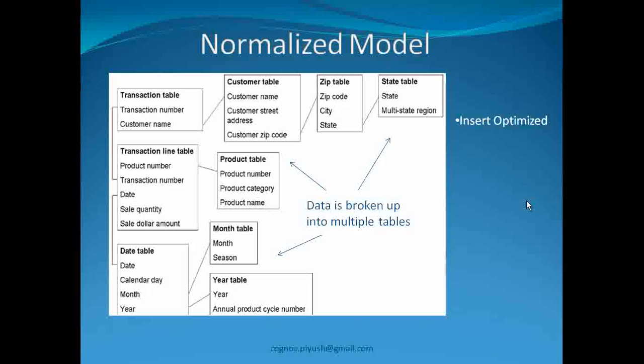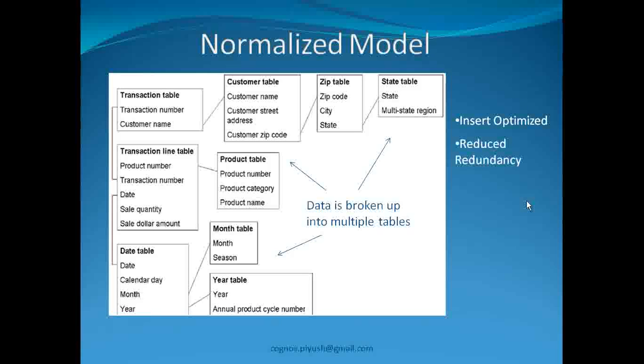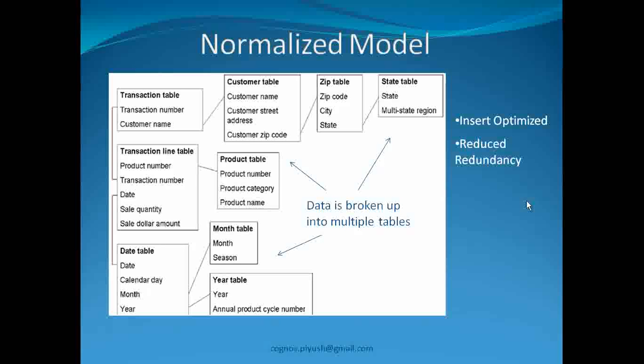A normalized data model is insert optimized. Here a new transaction line involves gathering only the 5 data items in the transaction line table. No other attribute lookup is required. It reduces redundancy. For example, the product category will not be repeated for each transaction.